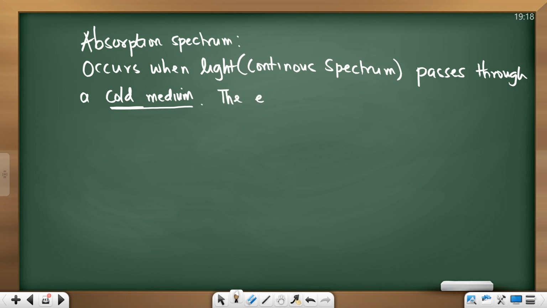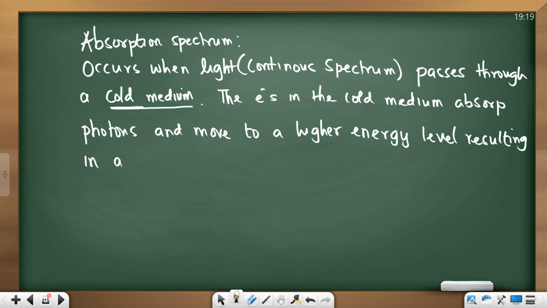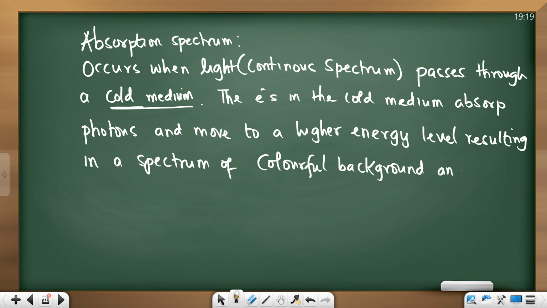All right. The electrons in the cold medium absorb photons and move to a higher energy level, resulting in a spectrum of colorful background and black lines.